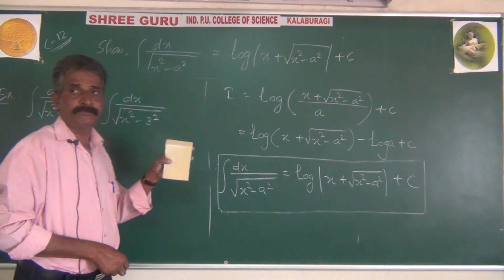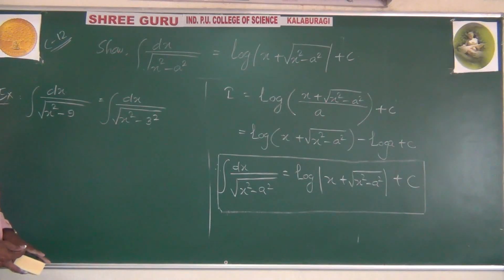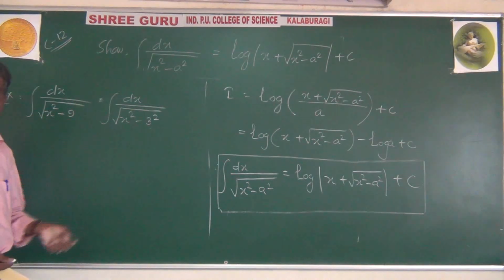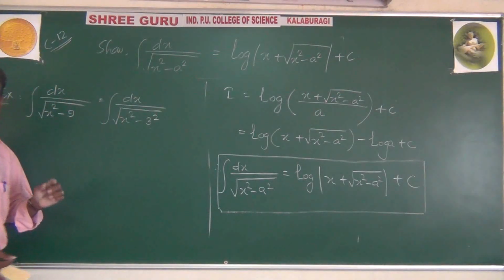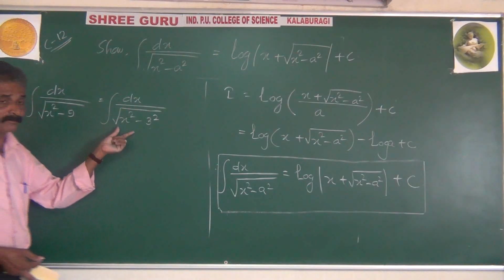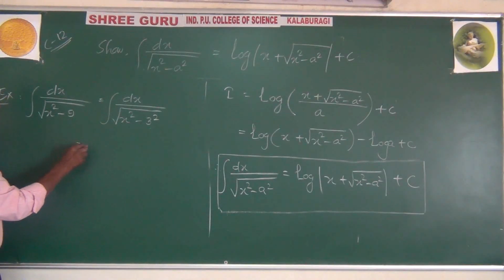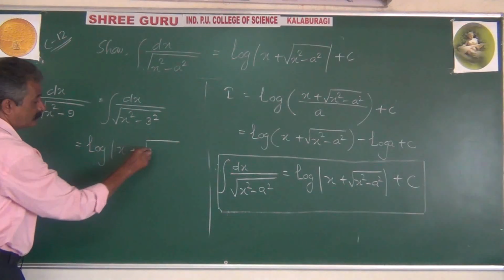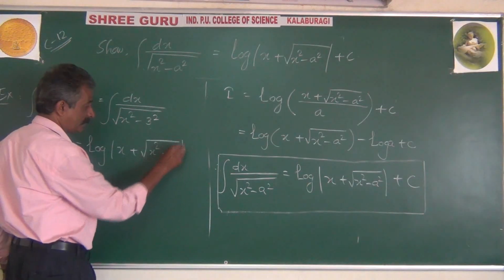But you have to keep in mind correctly which formula it matches. So don't take the formula a square minus x square, because a square minus x square is completely different from x square minus a square. Both of them never coincide with each other. So it is in the formula dx by root x square minus a square. Using that formula, answer log x plus root x square minus a square. What is a square? 3 square, nothing but 9, plus c.